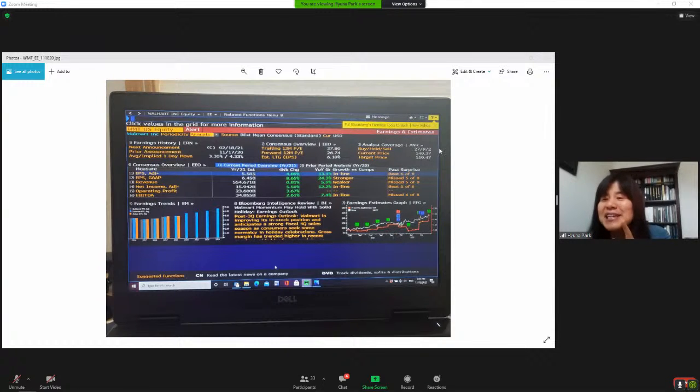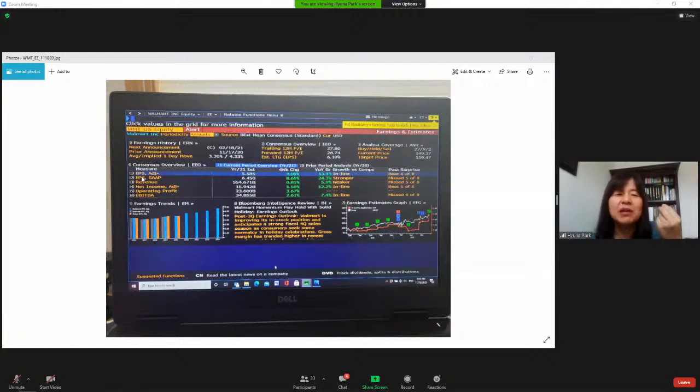E1 is next period's forecasted earnings, and that estimate comes from this 38-analyst average, and that number is here, earnings per share estimate.